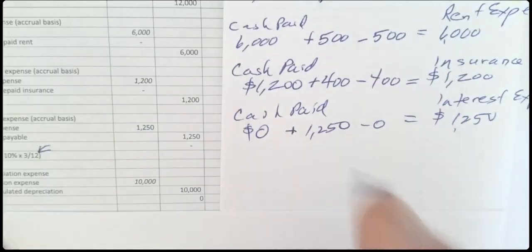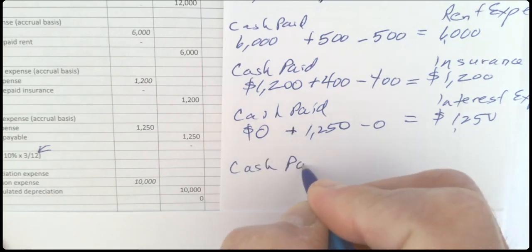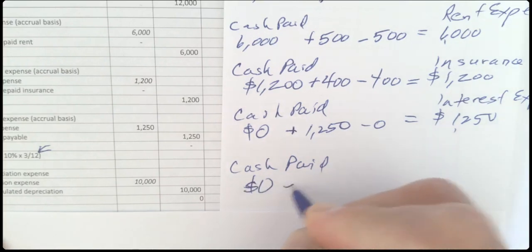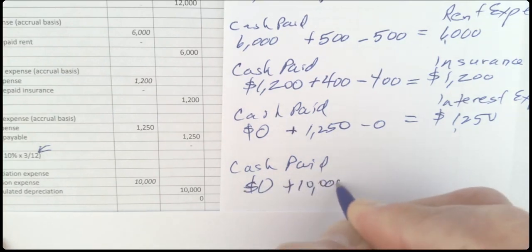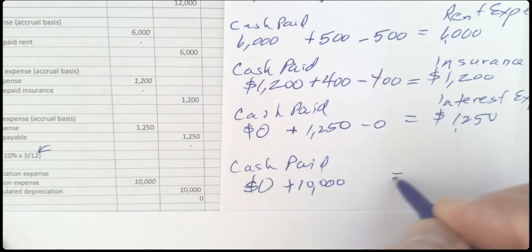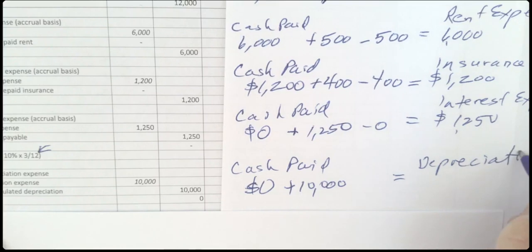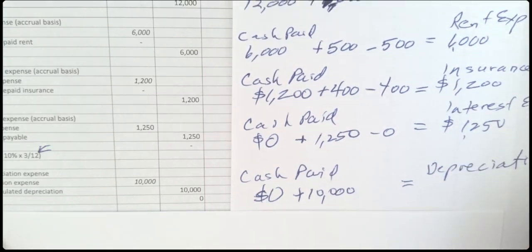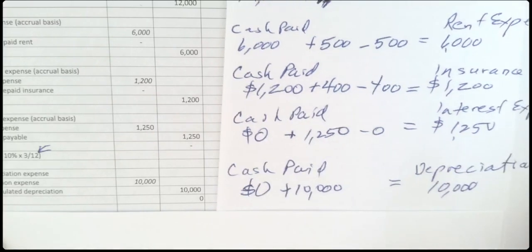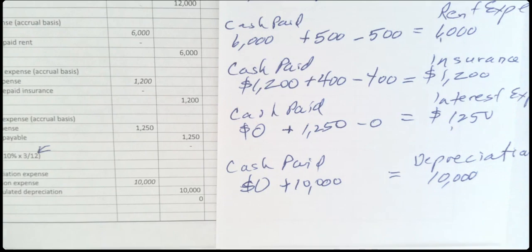Similarly, cash paid for depreciation is 0, but the increase in accumulated depreciation is 10,000, and so the depreciation expense is 10,000. And that's it.